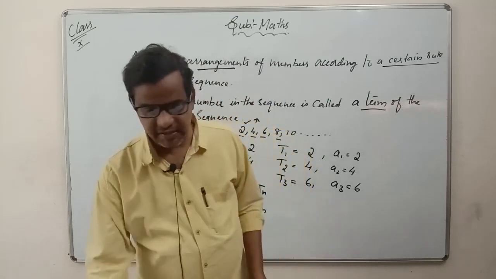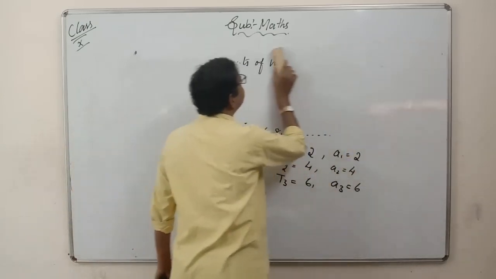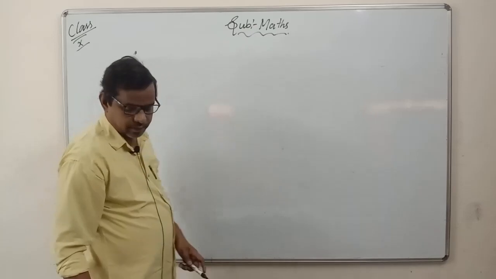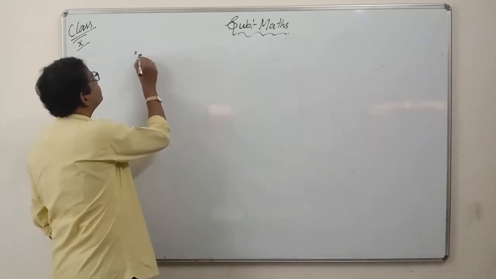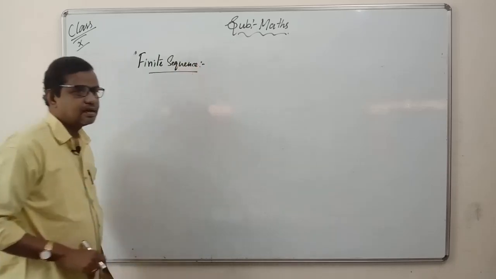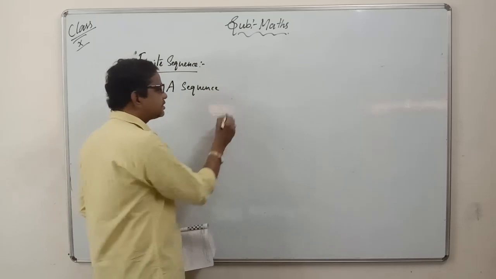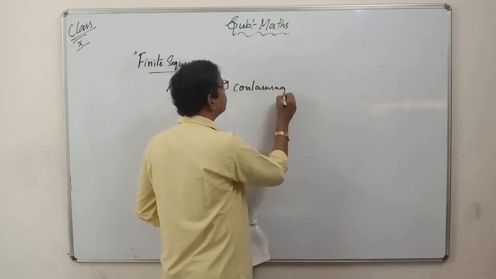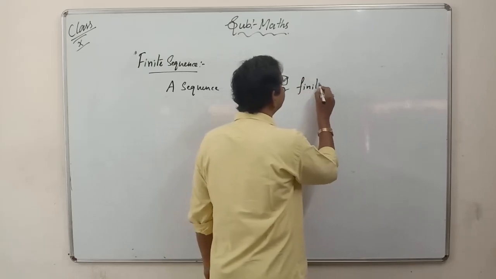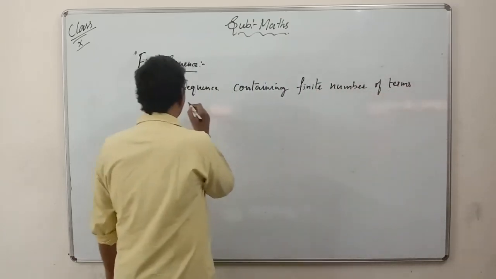So the definition for finite sequence is: a sequence containing a finite number of terms is called a finite sequence.